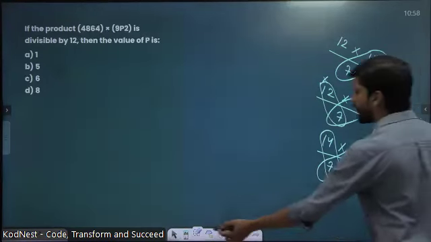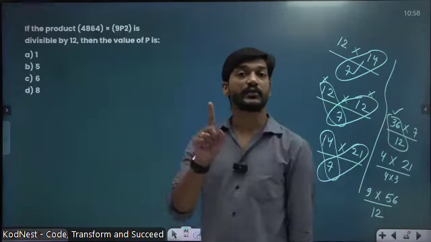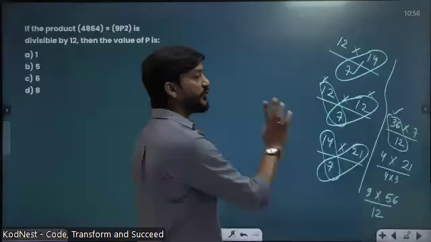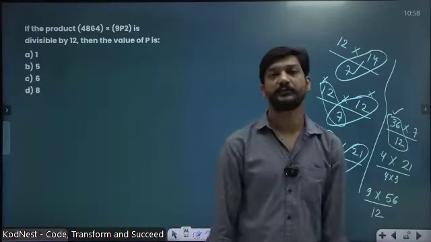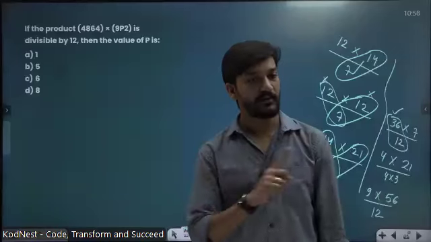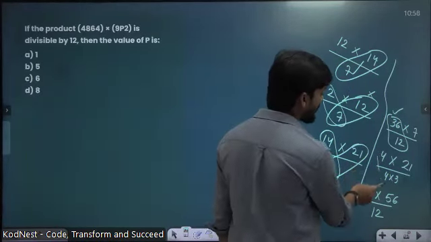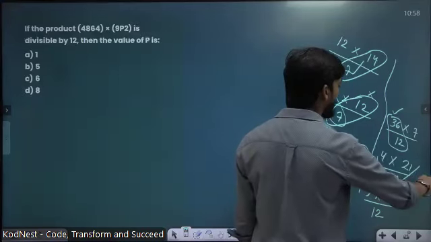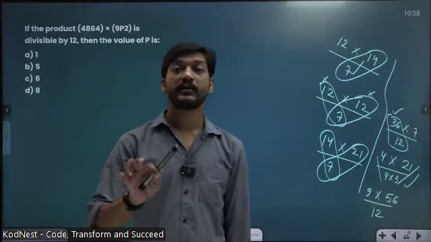For 12, you will have to think this way, 4 and 3. At least one number should be divisible by 4. At least one number should be divisible by 3. At least one. Is it? Please check. Yes, 4 is divisible by 4. 21 is divisible by 3. So yes, divisible.